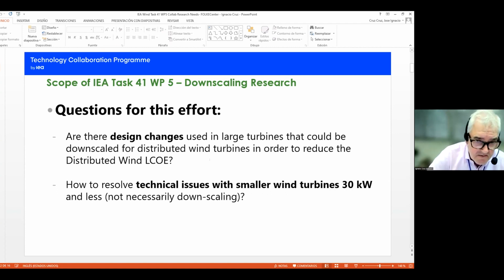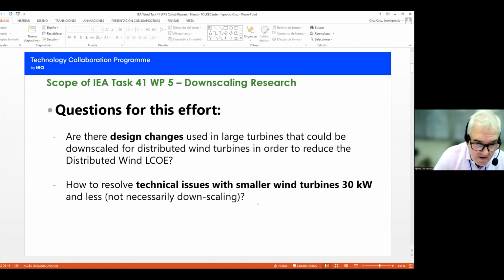Some of the ideas that we are going to see here have already been mentioned in other presentations today, and it's really interesting for us to see that these ideas can go forward in this aim to reduce the cost of the energy produced by small wind and to be more competitive in the future.